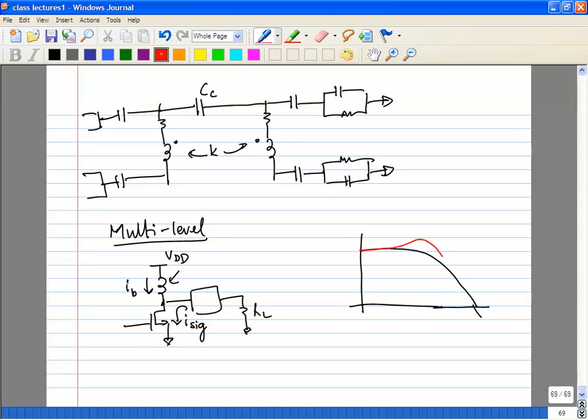You can get a little bit of peaking. And this is your original RC 3 dB bandwidth, and this is your new bandwidth. So you can get some bandwidth increase if you use inductors. And in these kinds of cases, you may not worry about the Q because you're not interested in the narrowband sense.